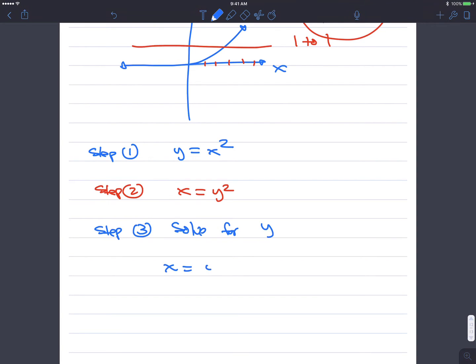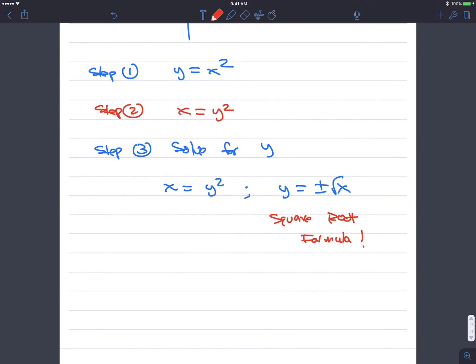How do we solve this thing for y? Good. Square root. Y is plus or minus square root of x. Didn't you guys solve these kind of things? Square root formula. I'll put it in red. Square root formula. Okay, now let's go back.